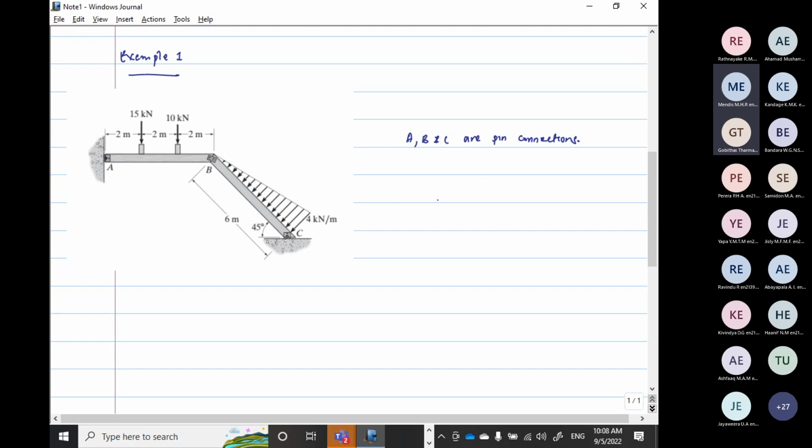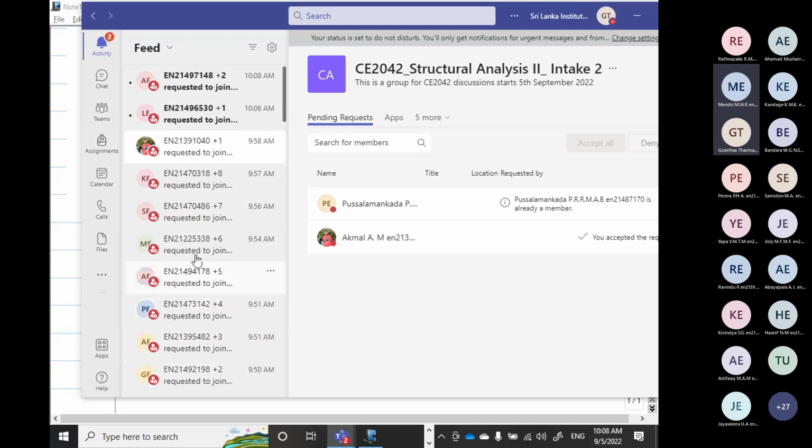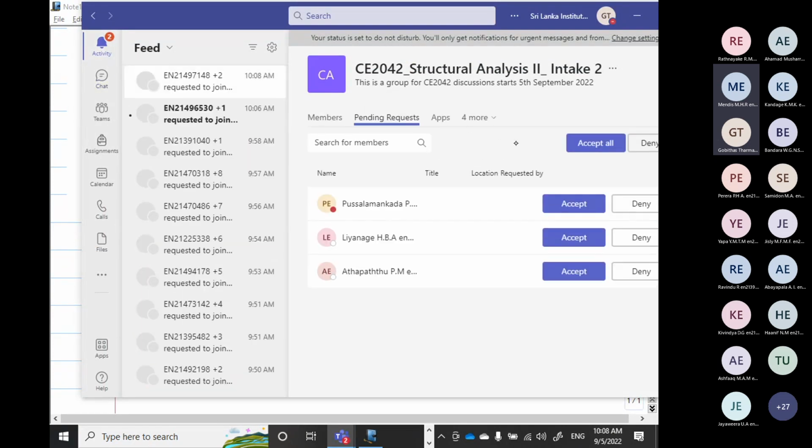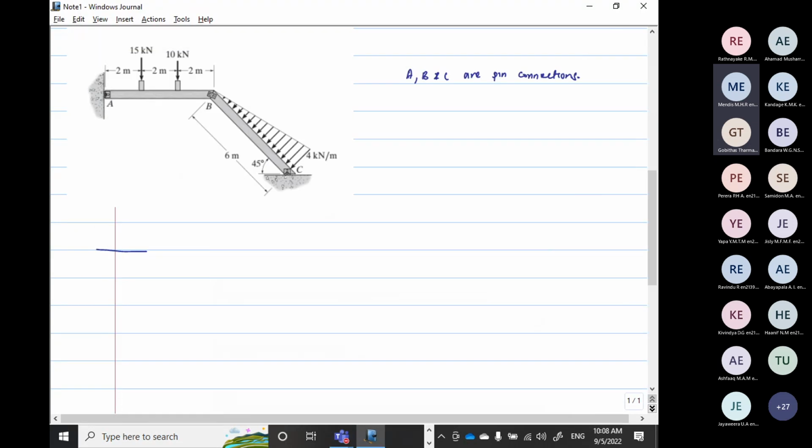Okay, so in any problem, the first step is drawing a free body diagram. So let us draw a free body diagram.